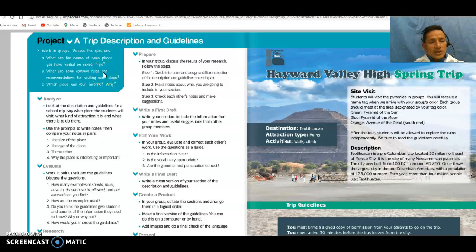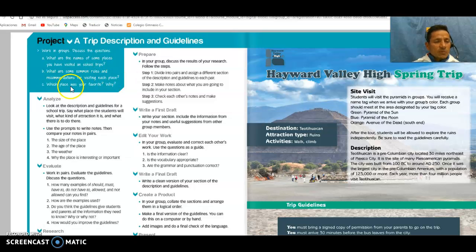Here it is mandatory to use, or you must use, you must wear whatever. It's like an obligation, or you are not allowed to be in this area because of this and this and so on. So, what are some common rules and recommendations for the place?